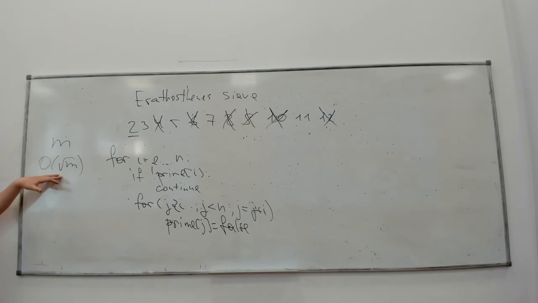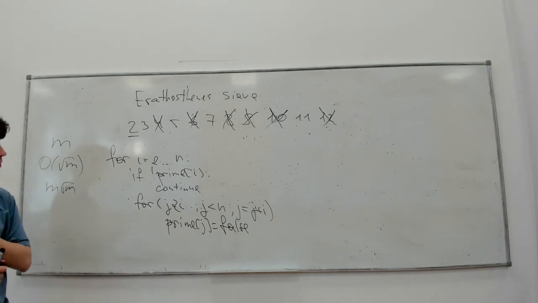We started with this algorithm at the beginning, and it worked in square root of m time to factor it. So it's pretty slow. If we try to do that for each element from 1 to m, then the complexity will be m square root of m. So this is not exactly what we really want. We want to be faster.